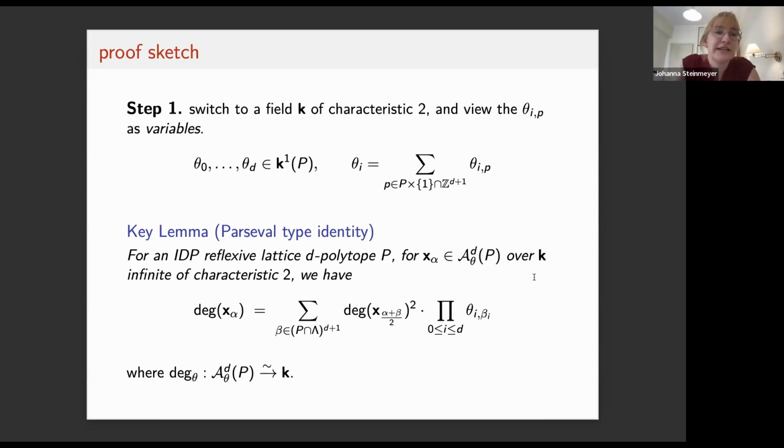And if we have our degree function depending on our thetas as a rational function, and we have this beautiful identity here, which is really just a technical consequence at the moment of a balancing analogous to the simplicial case. It's quite mysterious still where it's coming from.